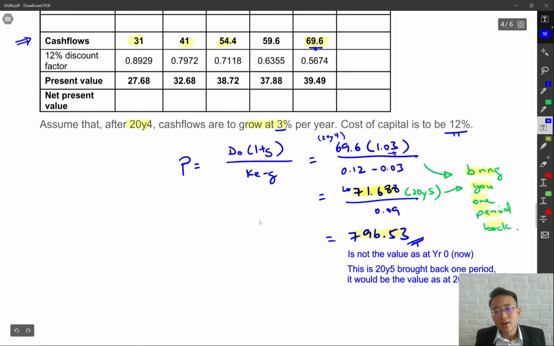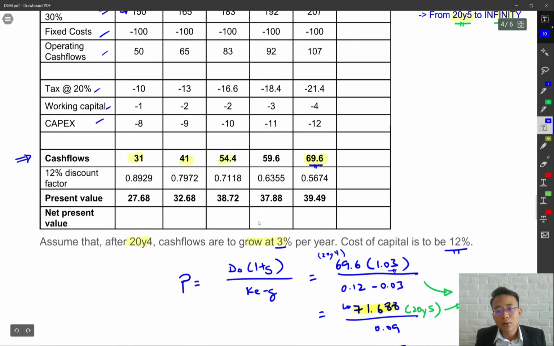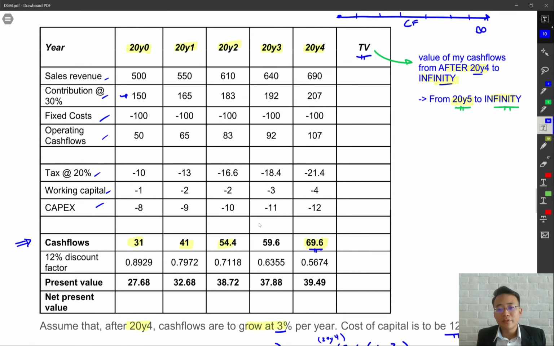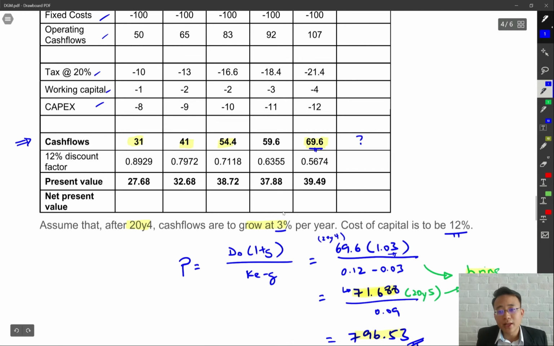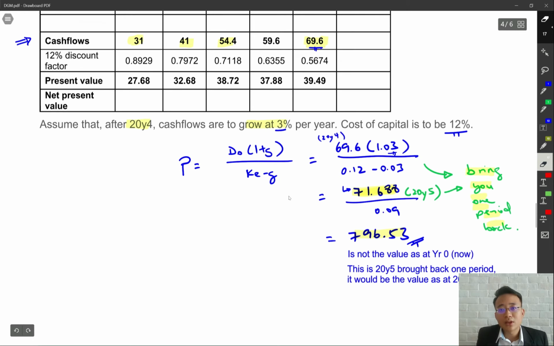Which means, people, let's use the table now. My terminal value, I'm going to fill it up here. So in here, my terminal value, I will put it as 796.53. But remember it is as per 20Y4.